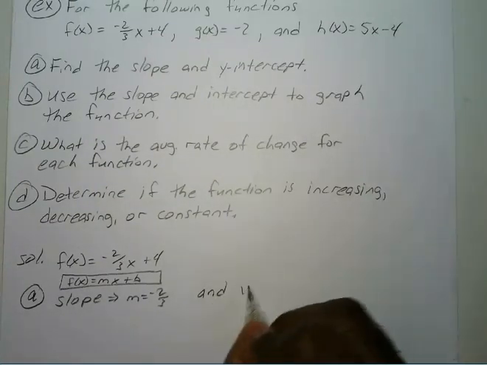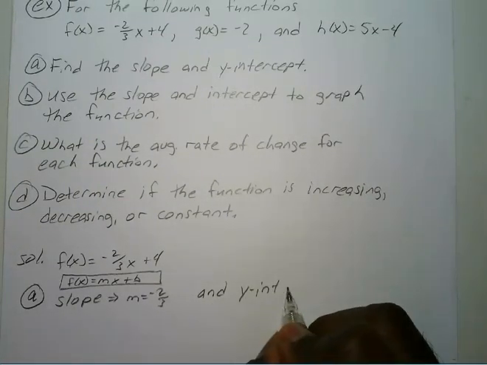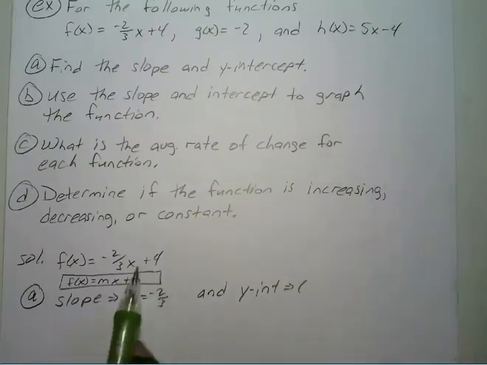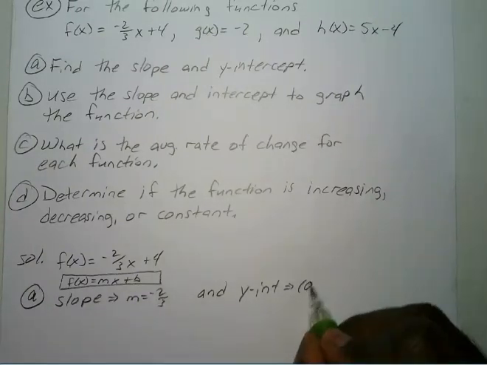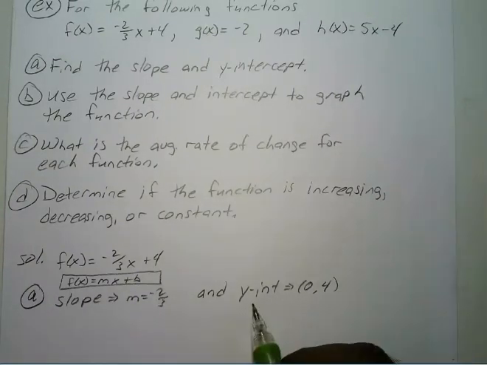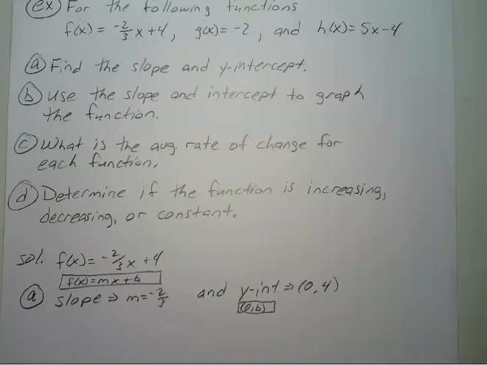And we know your y-intercept is (0, 4). Okay. Remember, your y-intercept is (0, b). But in this case, it's (0, 4).